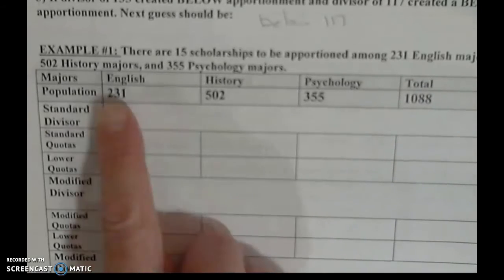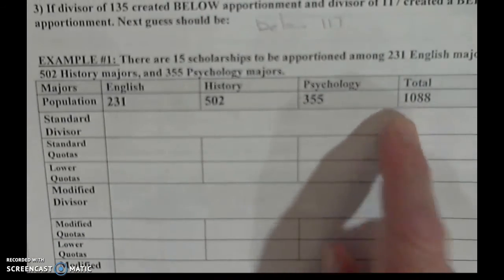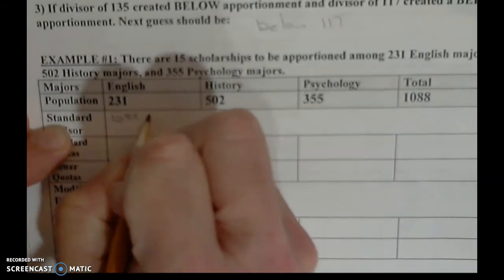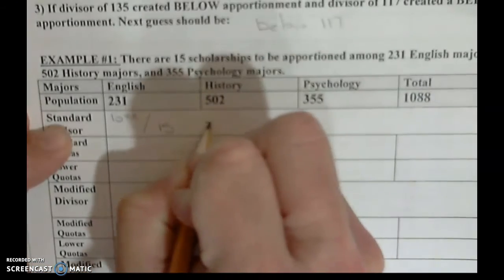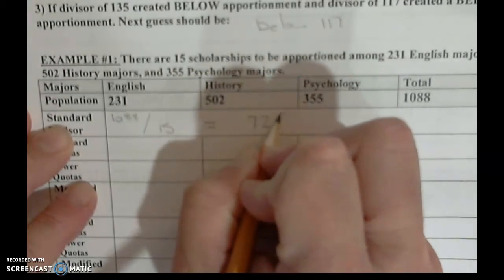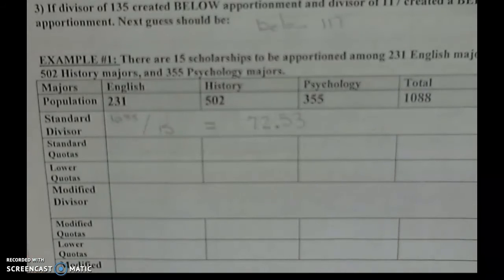Luckily, they've done that for me. So 1088, and we divide by the number of seats we have. So 1088 divided by 15 gives me my standard divisor of 72.53.